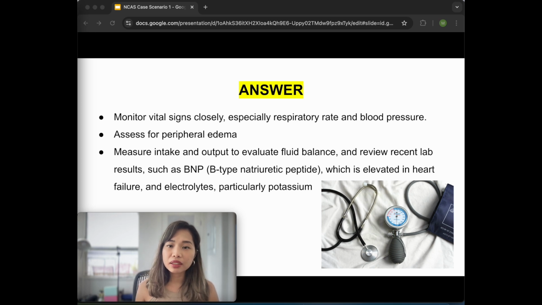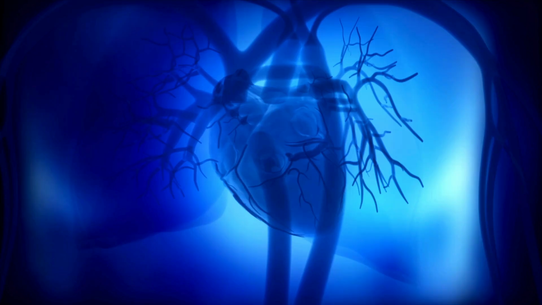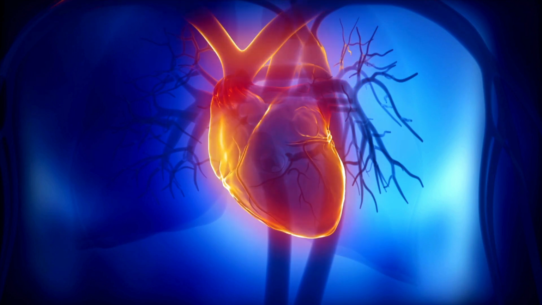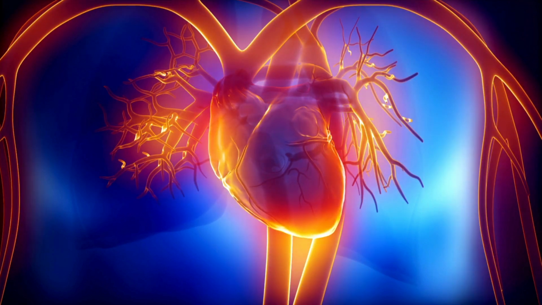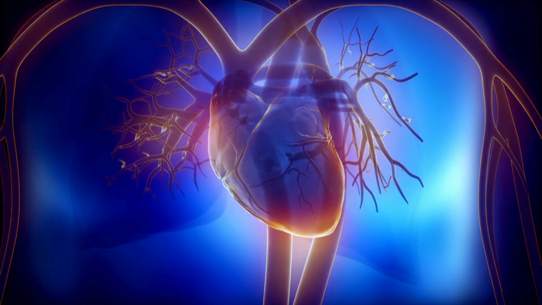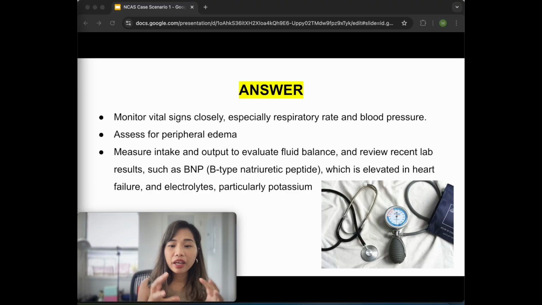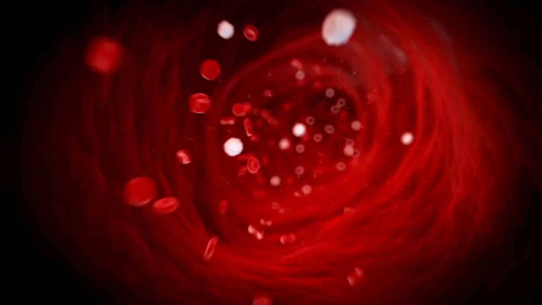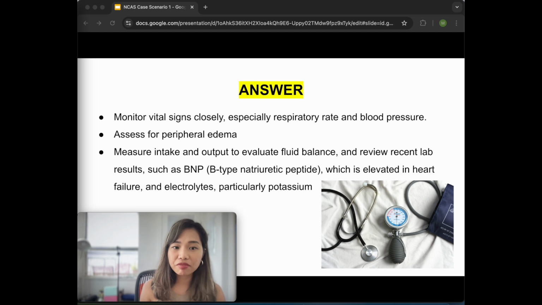What happens in the body is BNP gets released when the heart's ventricles are stretched out. Again, we talked about the heart getting weaker. So what happens? The ventricles get stretched out due to increased pressure. And when this happens, the body releases a biomarker for heart failure, because that means heart failure is getting severe, and that's when BNP gets released.